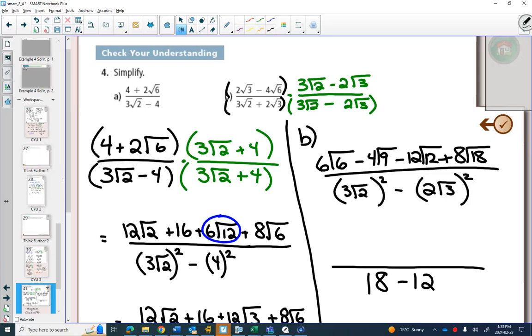Now, on the top, we have 6 root 6. And then I can change this to 12 now. Do you notice that both this one that I circled in blue and this one that I circled in green can be simplified? Because 12 is 4 times 3, and 18 is 9 times 2.